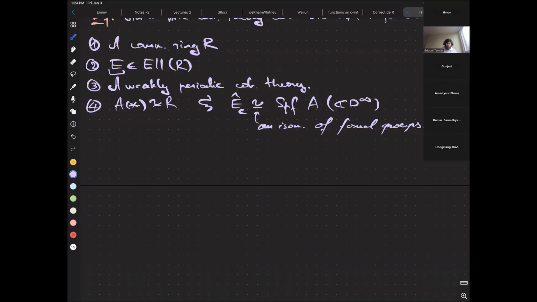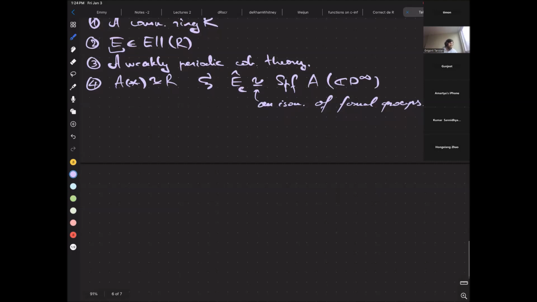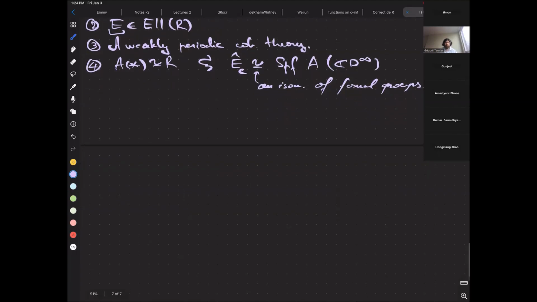Okay. So now we can try to do the same approach as before. We can try to look at the classifying stack of all possible elliptic cohomology theories. But first, of course, we start from just the regular old classifying stack of elliptic curves.